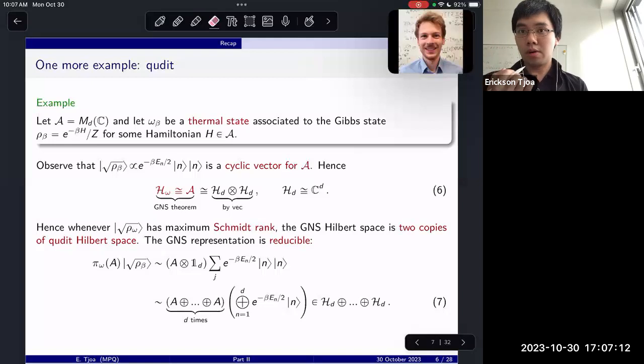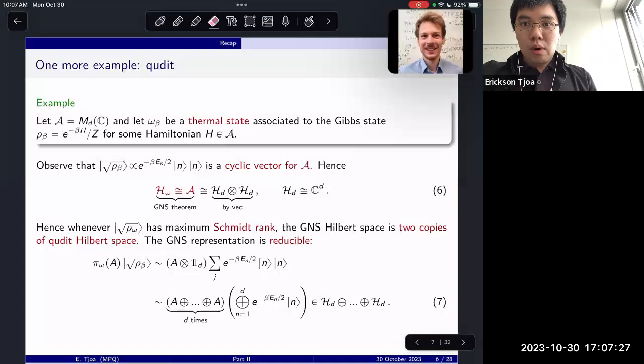So the nice thing of the algebraic framework is that even dynamical objects like the Hamiltonian are part of the algebra of observables. With this example, we can do exactly the same computations as what we did 2 weeks ago. You vectorize the thermal state to get the cyclic vector, and you will get what we call the thermofield double state in high energy physics, or in the quantum optical language, the two-mode squeezed state.